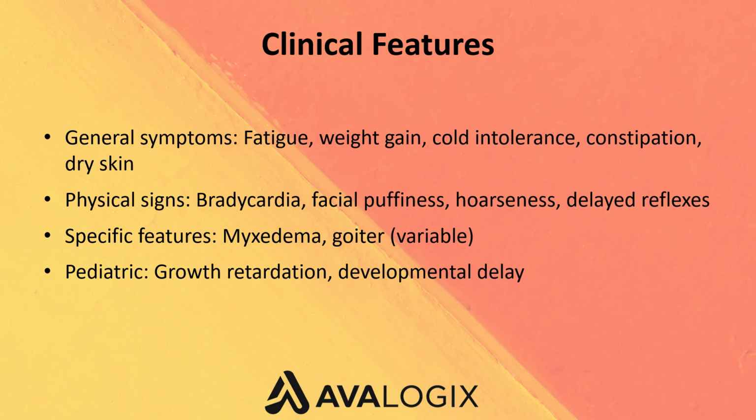Goiter may be present in autoimmune thyroiditis. In severe or prolonged cases, myxedema coma may develop, marked by hypothermia, hypoventilation, hypotension, and altered consciousness, a medical emergency. In children, hypothyroidism leads to growth retardation, delayed bone age, and intellectual disability if untreated, known as cretinism.